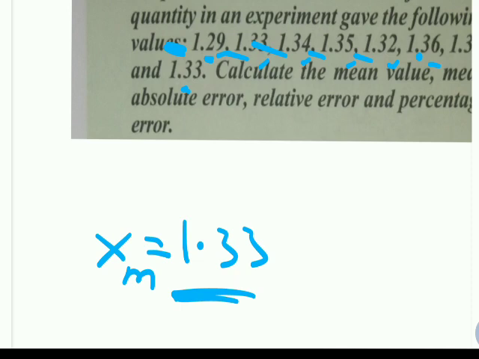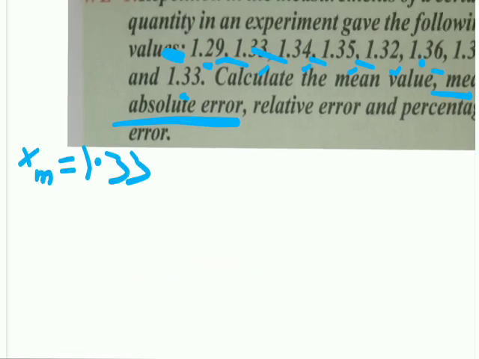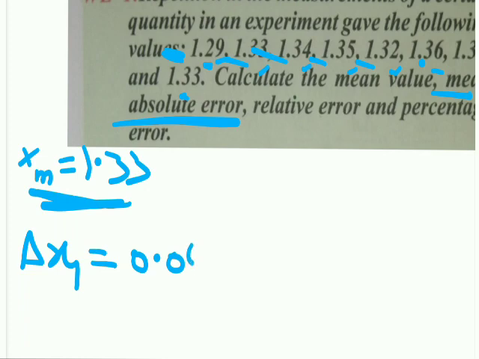Mean absolute error. He is asking for the mean absolute error. So it is the mean value. Mean absolute value, delta x1 is equal here 29, this is 33. Nothing but a change of 4 is there. So our value is 0.04.